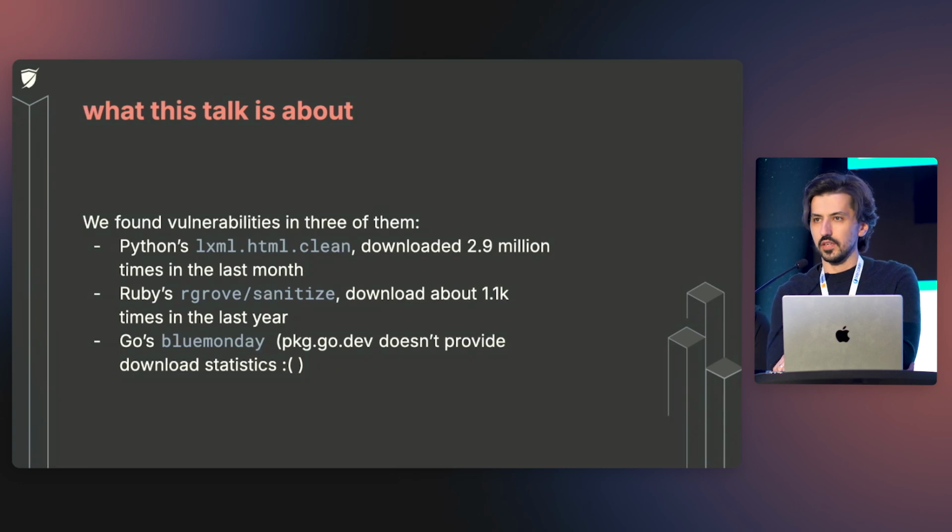The second vulnerability was in Ruby, in the third most popular library. It's called rgrove sanitize, and it was downloaded about 1.1k times in the last year, so much less. And the last vulnerability was in Go, in the most popular library there. It's called bluemonday. We don't have any statistics for it, as pkg.go.dev doesn't provide any.